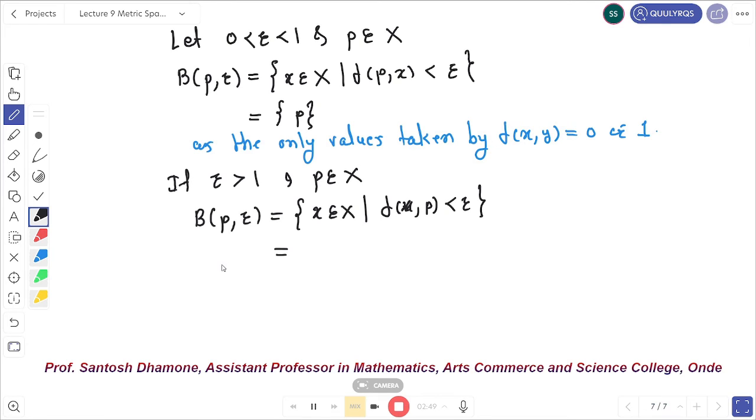Every point in X has distance 1 if these points are distinct.